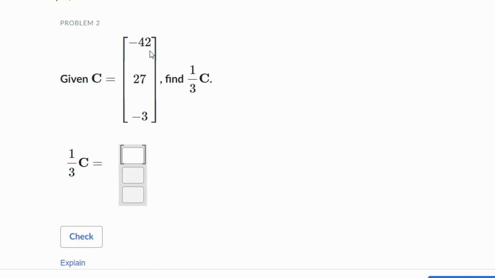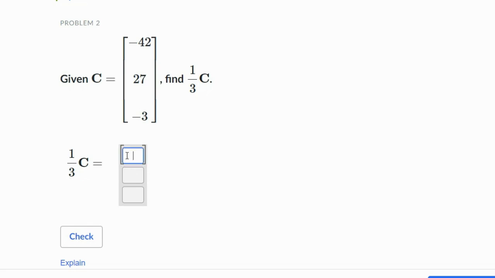Given C is this 3-row, 1-column matrix, -42, 27, -3, find 1/3 C. Multiplying C by 1/3. Now, the nice thing is with 1/3, that's the same thing as dividing by 3. Multiplying by 1/3 or dividing by 3 is the exact same thing.